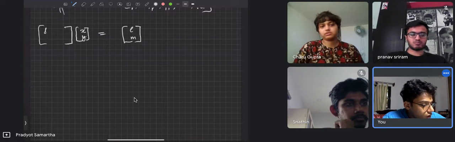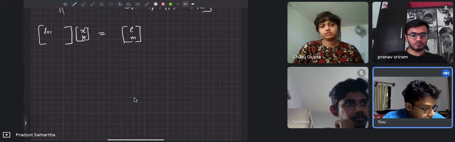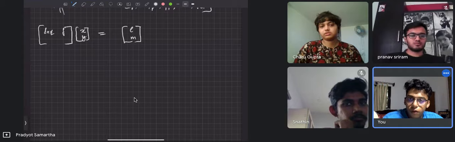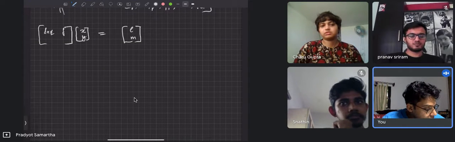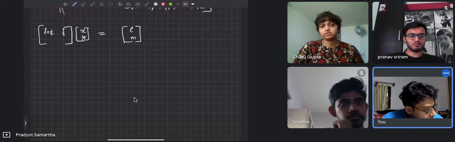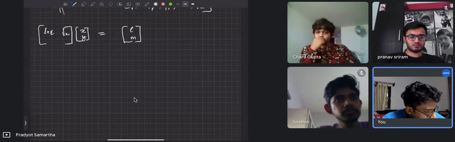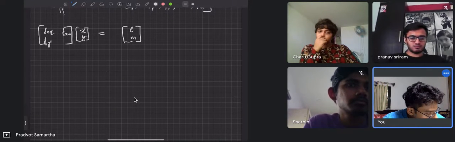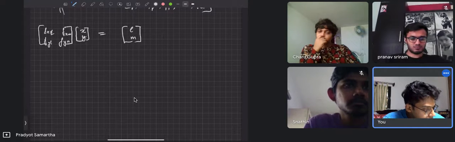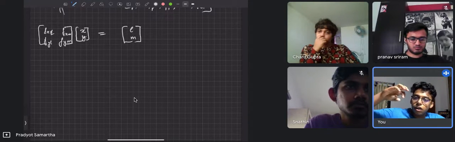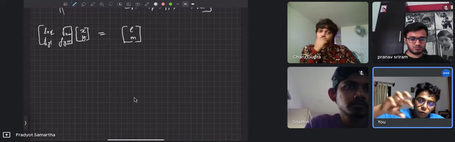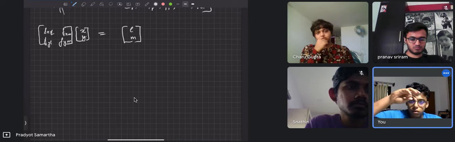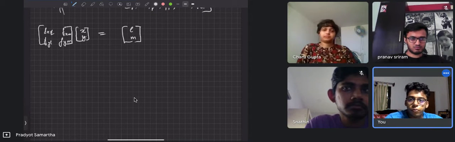So this is f of x to L, this is how x changes to L, and this is f of x to M, and this is f of y to L, and this is f of y to M. So each point in that matrix denotes how one variable is changing to the other.